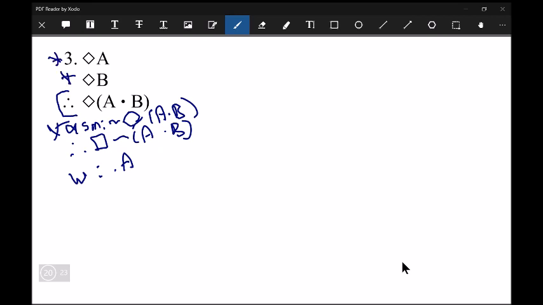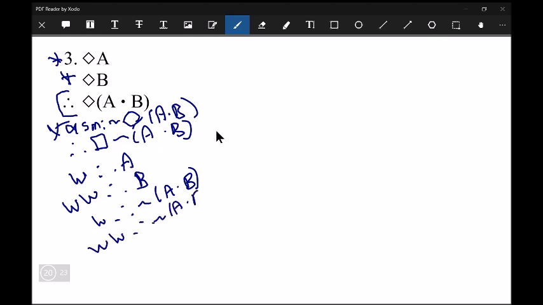And for the second premise, you want to use a new world. Every time you drop a diamond, use a new world. So you have a world where A is true, and a world where B is true. And then the last thing you do is drop the boxes. So every world has not both A and B. World W has not both A and B, and world WW has not both A and B.